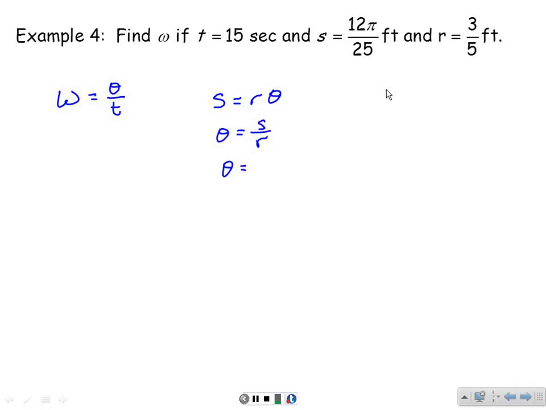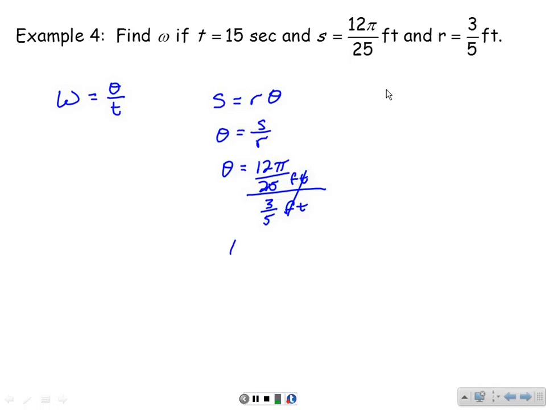So let's see if we can find theta this way. Our arc length is 12 pi over 25 feet, and we're going to divide that by our radius, which is going to be 3/5 feet. And again, feet cancel out, which is a good thing because we need it in terms of radians anyway.